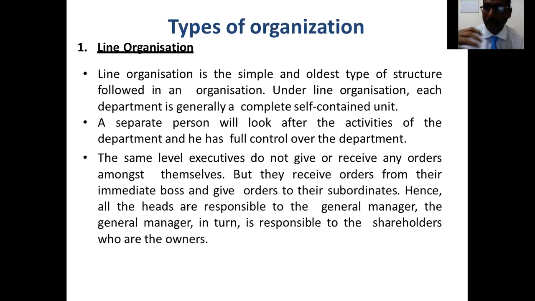It means that for their duties and responsibilities, it is not necessary to coordinate and cooperate with other departments. They have everything within the department, which is enough for them to function. That's called a self-contained unit. It does not necessarily depend upon staff members or employees from other departments.